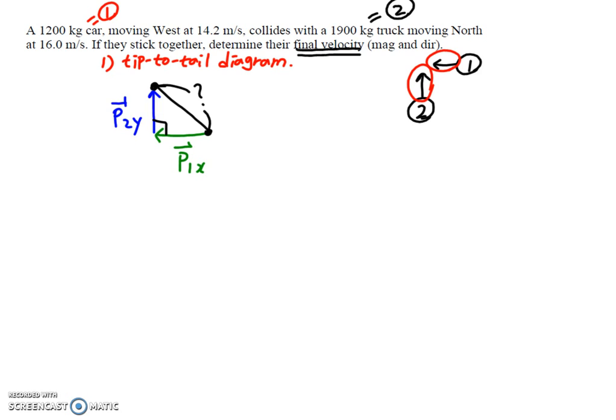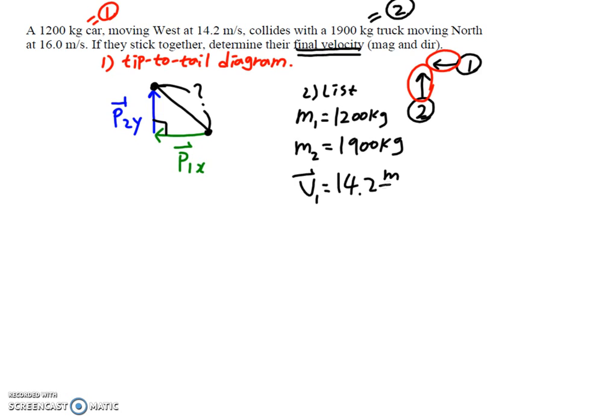Second step, generally I list what's given. What I mean by that is M1, 1,200 kilogram. M2, 1,900 kilogram. V1, initially, I have 14.2 meter per second. Now, this part we need to be careful.